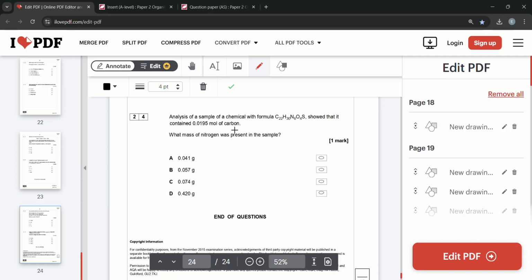Question 24. Analysis of a sample of a chemical formula showed that it contains this many moles of carbon. What mass of nitrogen was present in the sample? Okay, 0.015 moles of carbon. How do I do this? That's the number of moles of carbon.